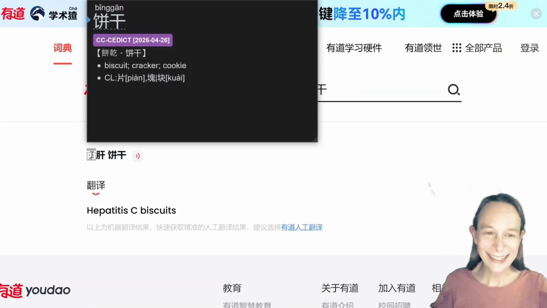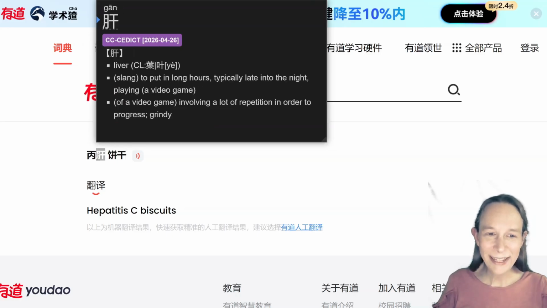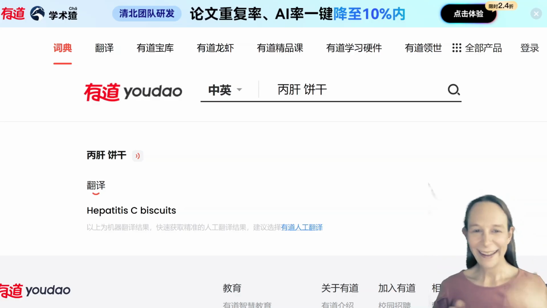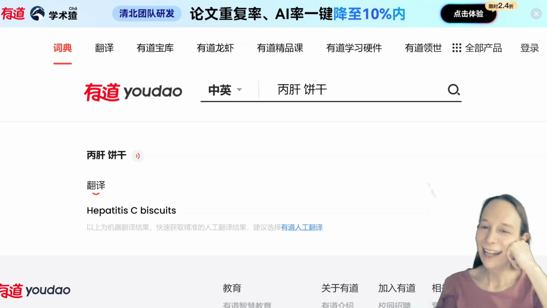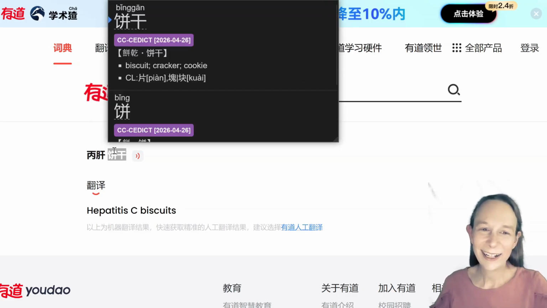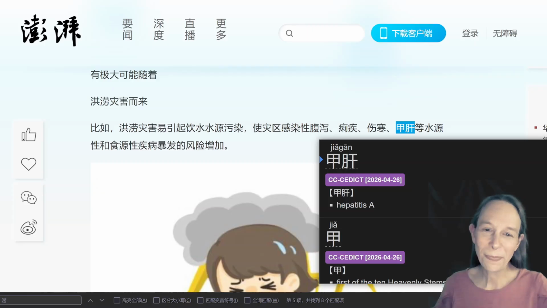Hepatitis C biscuits. It's the same pronunciation, right? 丙肝. Yeah. I'm going to think of that every time I eat biscuits from now on. Bingo. It's the hepatitis monster.